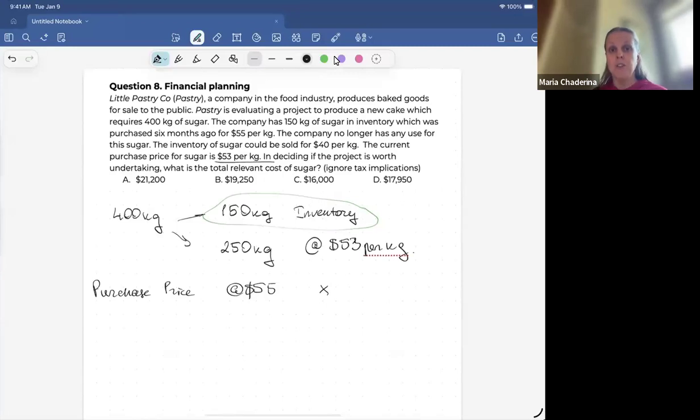Once again, if you could return it to the seller or find another buyer that would buy this sugar at $55 per kilogram, then yes, we would value this inventory at 55. The problem is, however, the market changed, and you can no longer find a buyer or resell this asset at $55. In fact, the resale market for sugar is kind of bad looking. You can only resell it at $40.